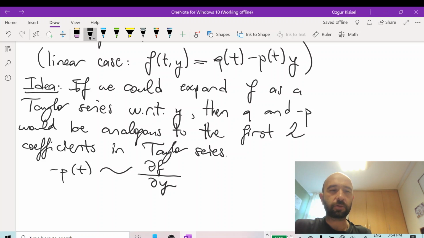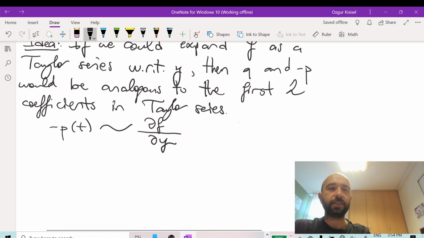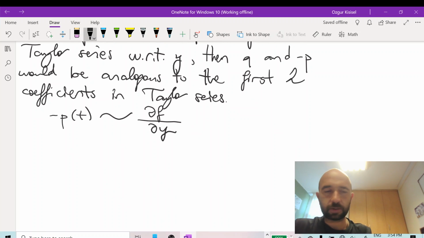But let me forget about that. So there's some analogy between minus p(t) and del f del y. If f is of this very special form, then del f del y gives you exactly minus p of t. So maybe we could get the same information as we did for p here by looking at del f del y. And indeed, that's what comes up in the theorem.